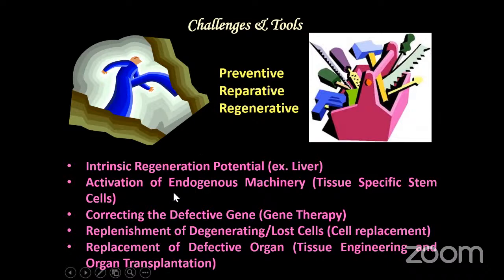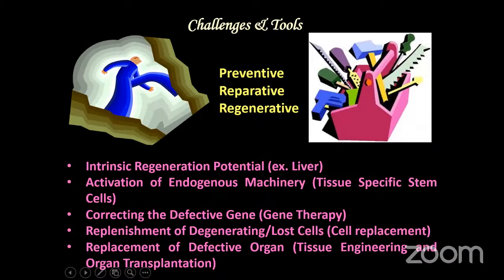Or we can think of activating the endogenous machinery, since we have tissue-specific stem cells, or correct the defective gene by gene therapy. Then if cells need to be replenished, one can generate the cells of interest, replenish the damaged cells, and do replacement of defective organs using tissue engineering and organ transplantation.